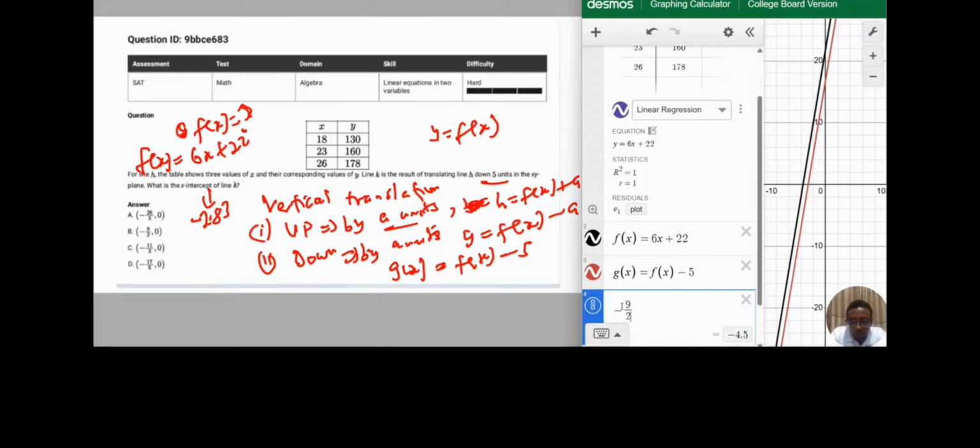Let's check option C, minus 11 over 3. That's wrong too. Then let's check option D, minus 17 over 6, which is minus 2.83. So that's option D. We are looking for the x-intercept, so that's my answer. Okay, let's look at the next question.